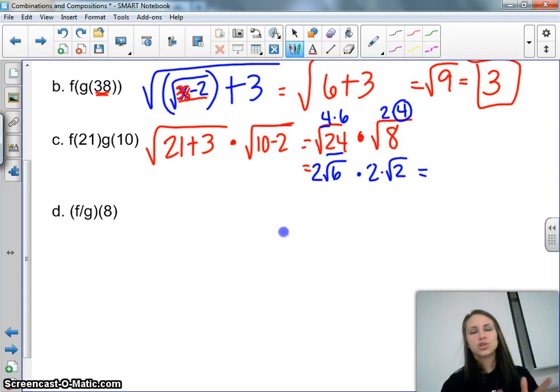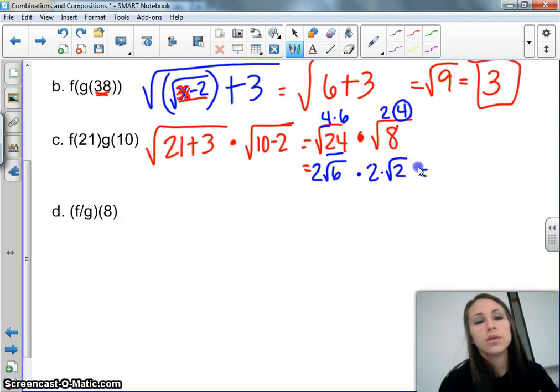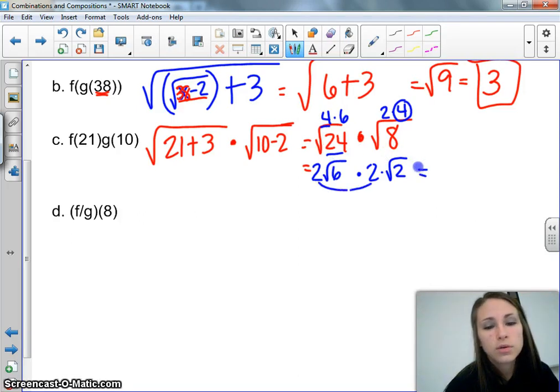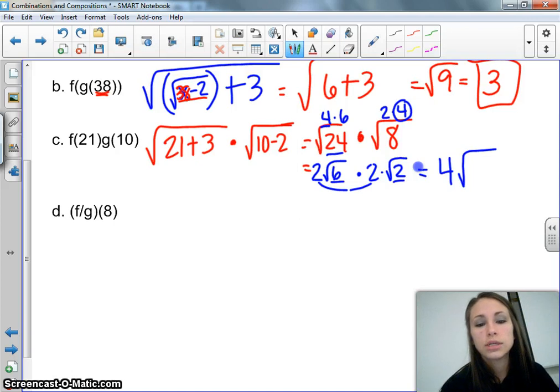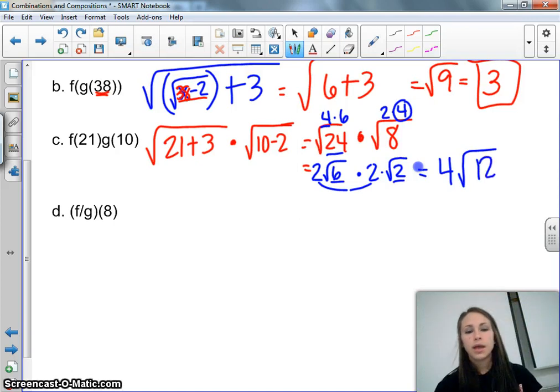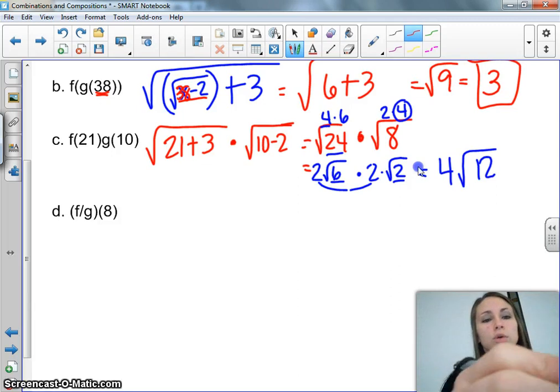And then I think it's easier to work with these numbers rather than working with bigger numbers if we were to have multiplied first. And so then what you do to multiply is multiply the outside, so that's 2 times 2, which is 4, square root of 6 times 2, which is 12. And then we're going to see if we can reduce again. Is there a perfect square that will go into 12?